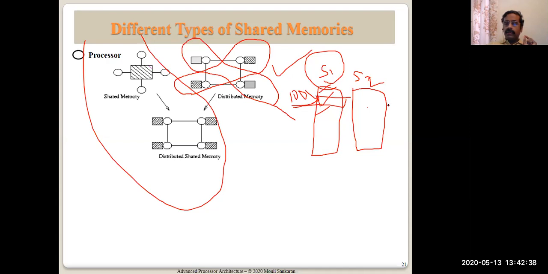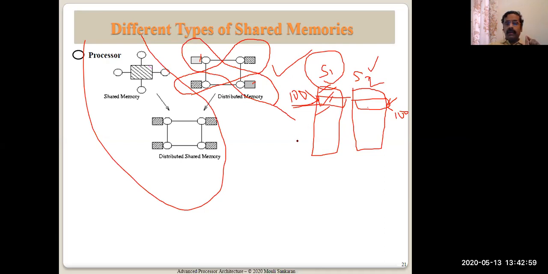Suppose some other CPU is trying to access the other address space, and the address is 100, it will be a physically different location. The values may be different or maybe the same, but it is a physically different location. So these two address spaces are different.